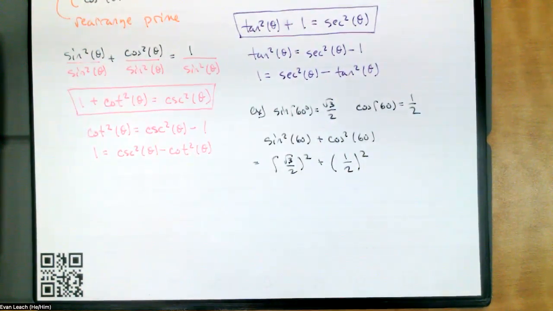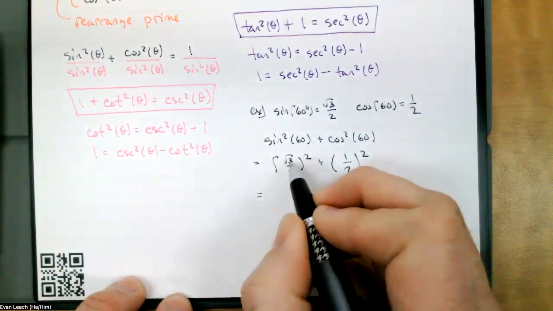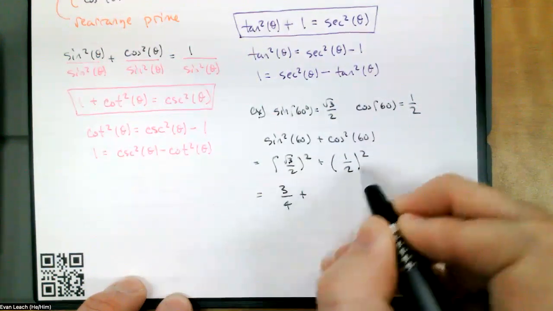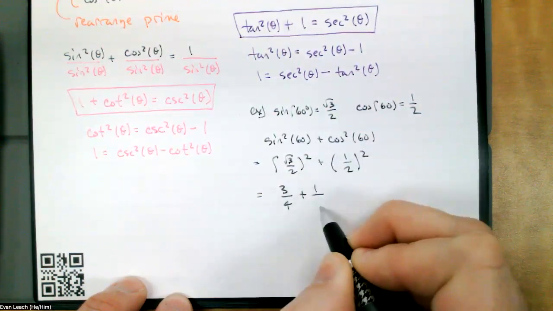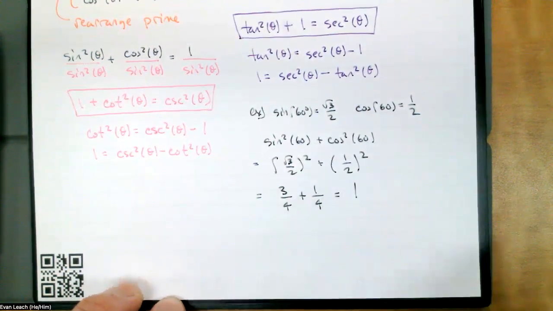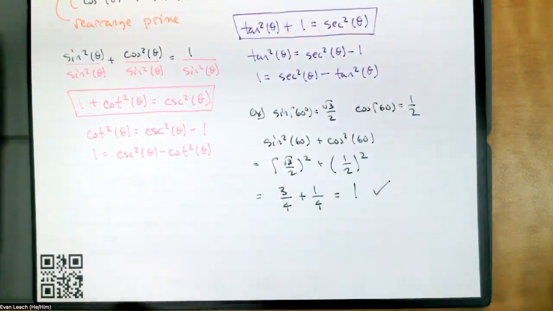Root 3 over 2 squared: root 3 squared is 3, 2 squared is 4. 1 squared is 1, 2 squared is 4. 3 fourths and 1 fourth is 4 fourths. So we're not getting new stuff. We're just finding new relationships in old stuff.